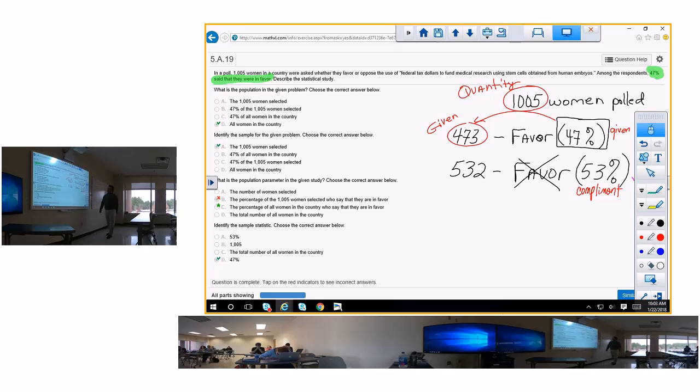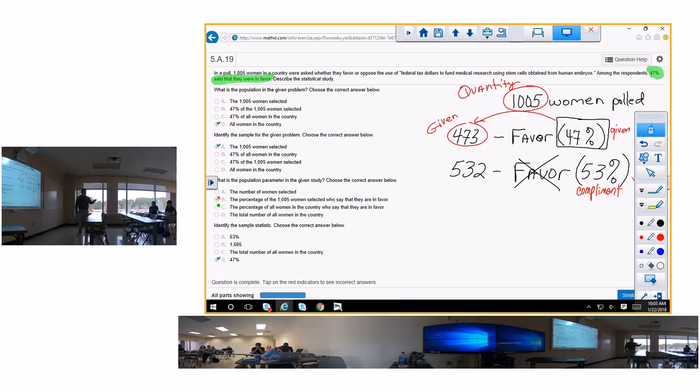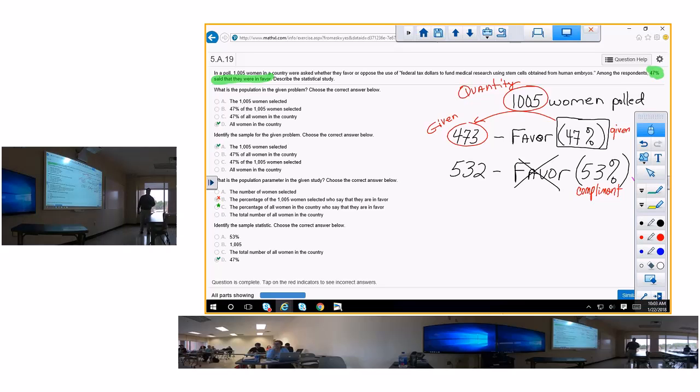Okay, so there's 3 or 4 things going on here that are real important. One is no difference between a proportion, a decimal, and a percentage. A proportion is different because you're going to see a difference in the way it's written. It's going to be written in a poll. 1,005 people were tested. Among the respondents, 473 said they were in favor.